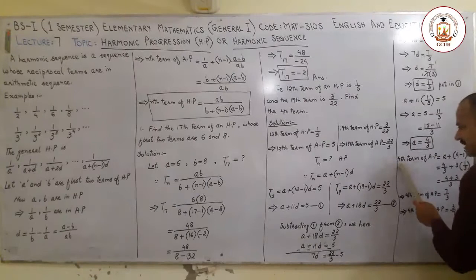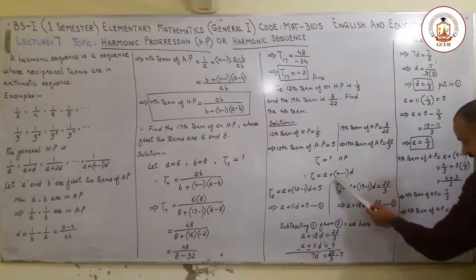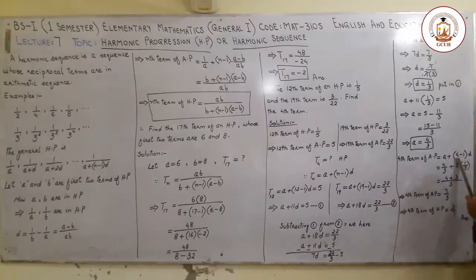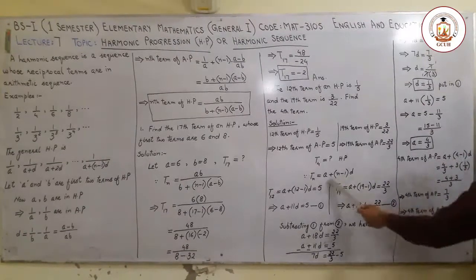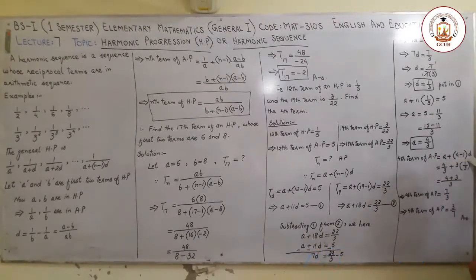So the fourth term of arithmetic progression is equal to A plus 4 minus 1 times D. Then we will substitute the values of A and D from here and here in their respective positions. So A is equal to 4 upon 3, D is equal to 1 upon 3.